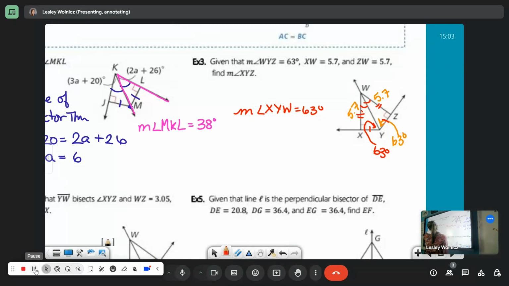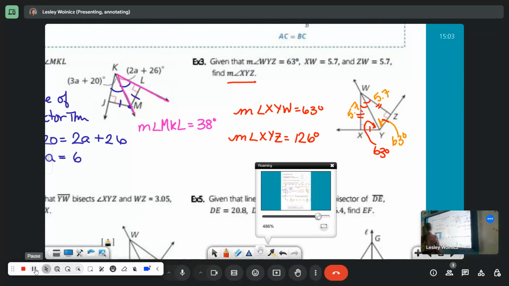I know that, but this one's 63. Okay, so now we're going to find this one by adding them together. Am I crazy? Okay, so what's 63 and 63? 126. All right. Whew.